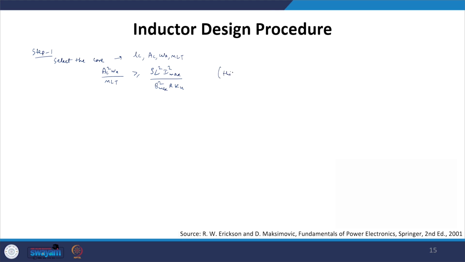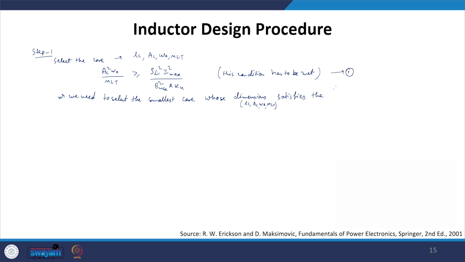So this condition has to be met, and we need to select the smallest core whose dimensions, that means whose Lc, Ac, Wa, MLT values, satisfy the condition in equation 5.